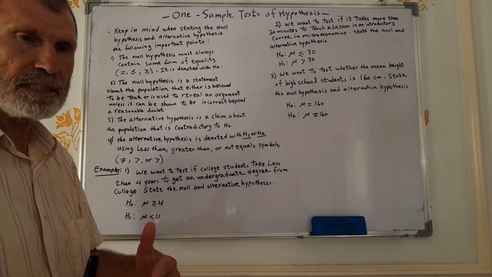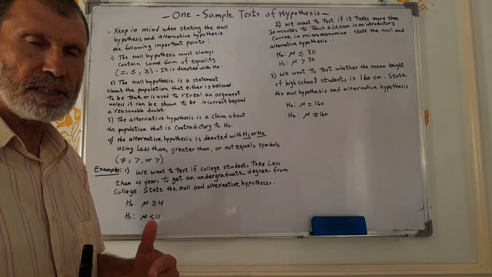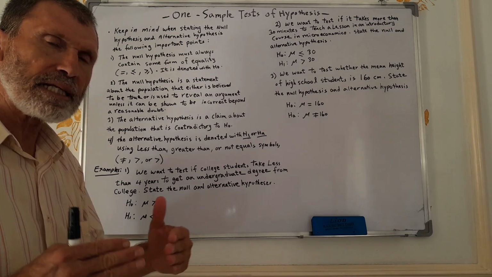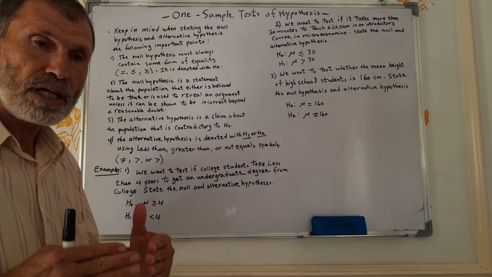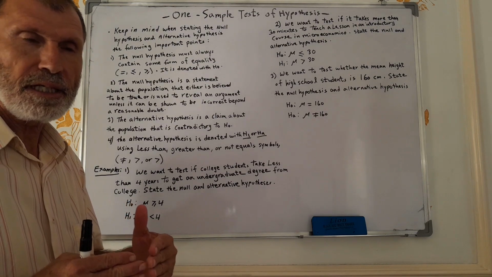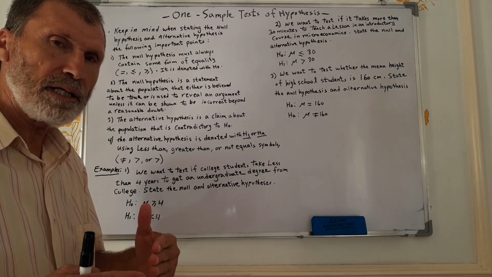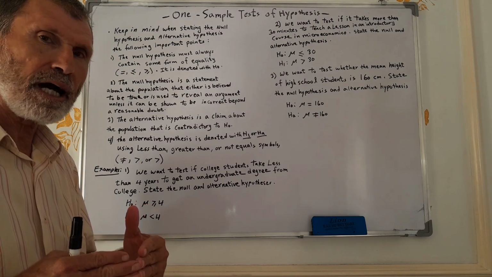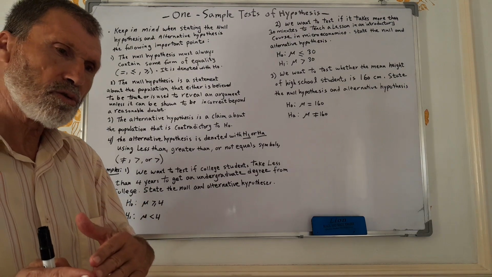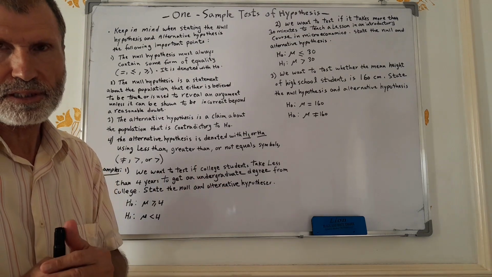If the null hypothesis is stated as an equal sign, then the alternative hypothesis is stated as not equal. If the null hypothesis is stated as less than or equal, then the alternative hypothesis is going to be greater than. If the null hypothesis is stated as greater than or equal, then the alternative hypothesis is stated as less than. So it's going to be in contradiction to the null hypothesis.